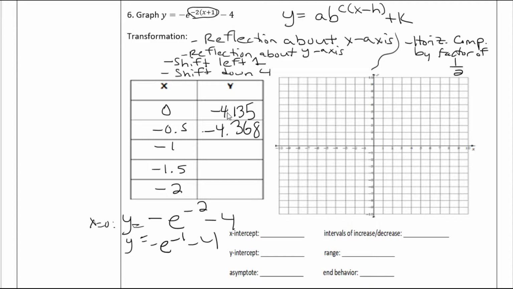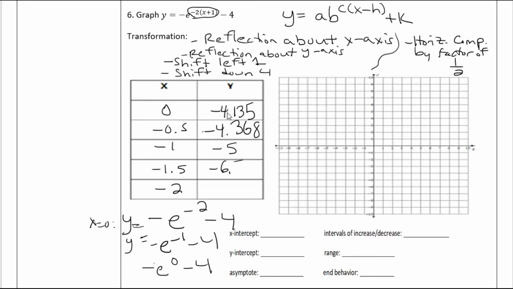If I plug in negative 1, well, I'll just get negative e to the 0 minus 4. I could do this one by hand because this is easy. E to the 0 is 1, so I have negative 1 minus 4 is negative 5. All right, and I'm going to continue doing this on the calculator, so I'm not going to write it out anymore. I'm just going to get the calculator value. So next one will be negative e to the 1 minus 4.